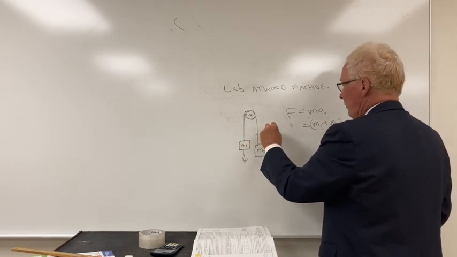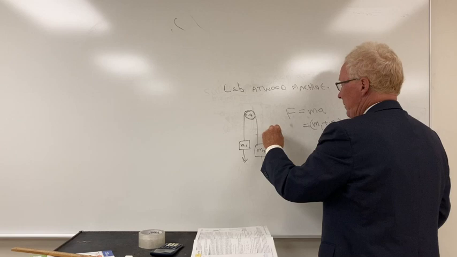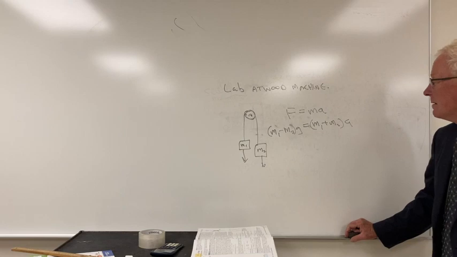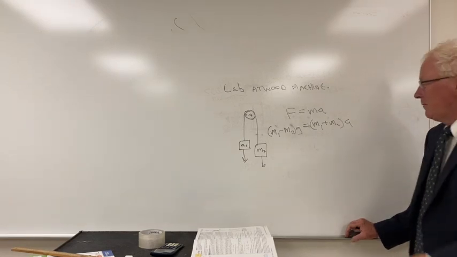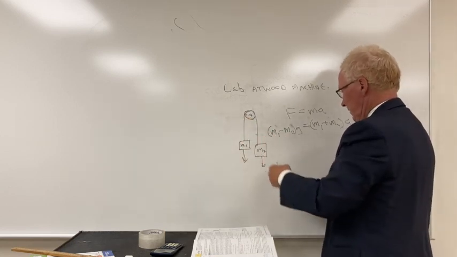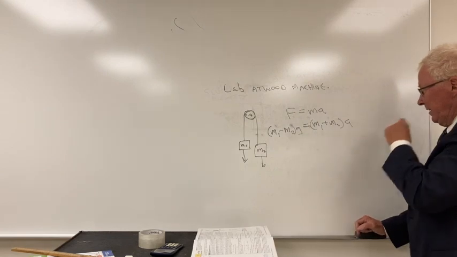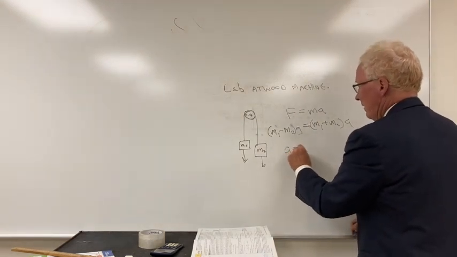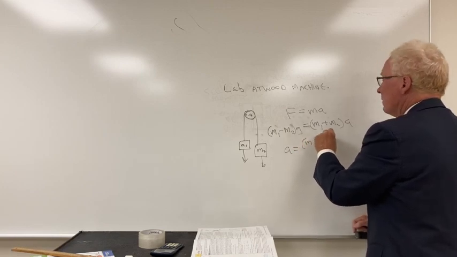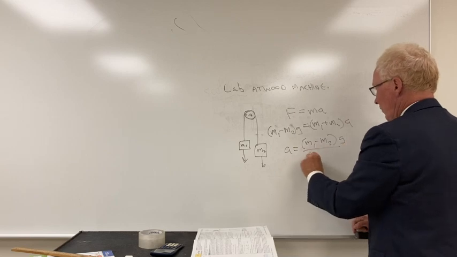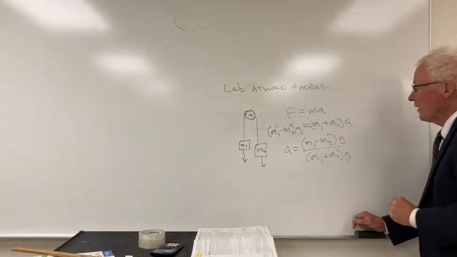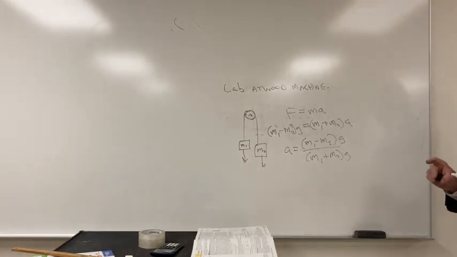So the force would be (M1 minus M2) times G. And if M1 is bigger than M2, it's going to accelerate this way. If M2 is bigger than M1, it's going to accelerate the other way. And so the acceleration A is going to be given by (M1 minus M2) times G over (M1 plus M2). All right, so that's the example there.